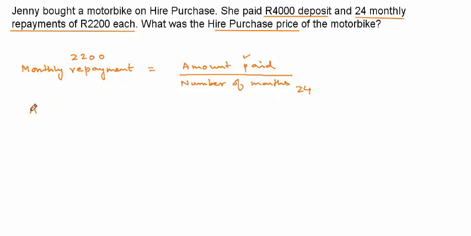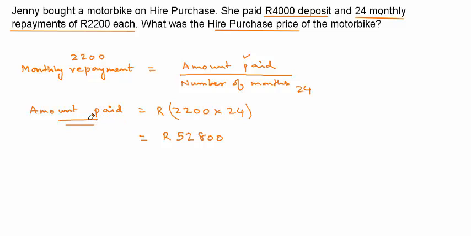So the amount paid is equal to 2,200 times 24 Rand, which is equal to 52,800 Rand. Now this amount paid is over and above the initial deposit that Jenny made of 4,000 Rand.